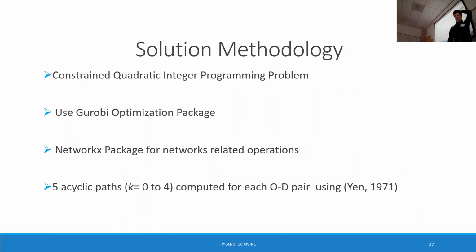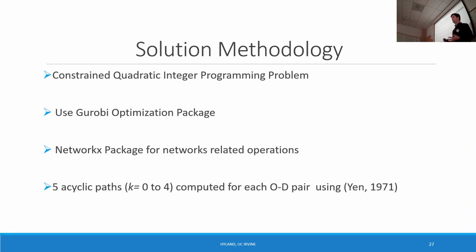Okay, so to solve this problem, we use Gurobi. Gurobi is an optimization solver. If you take my courses, we'll be covering how to use Gurobi within Python. It's a constrained quadratic integer programming problem, which is quite challenging. We use the NetworkX package to define our set of K paths for each origin destination pair.